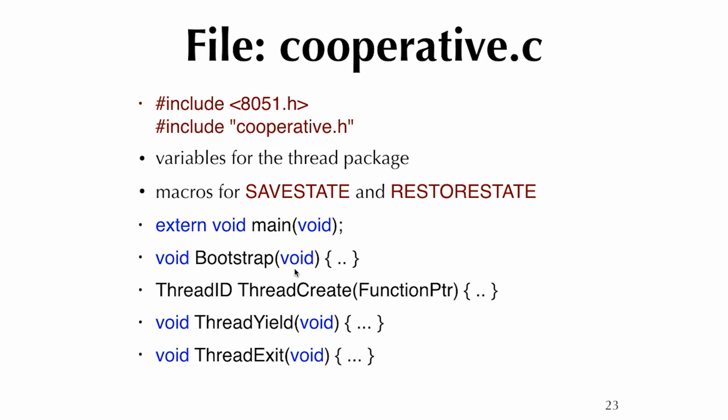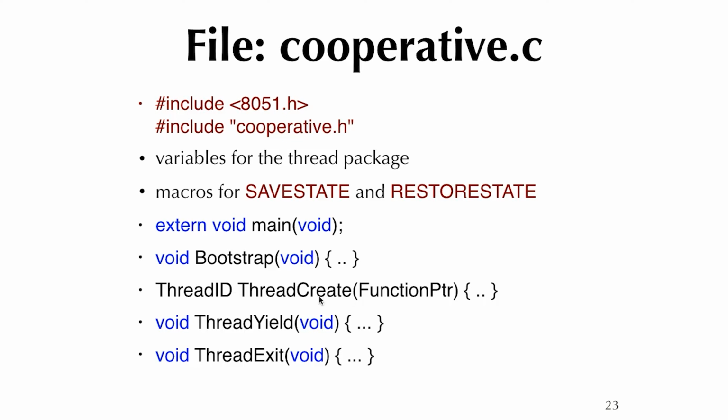So bootstrap, void, and then this is where you have to fill in some code. On startup, what does it have to do? It has to set up enough so that you can kickstart main, and then main would run as thread 0. Okay, that's the trick. And bootstrap actually has to call thread create to do much of the work.